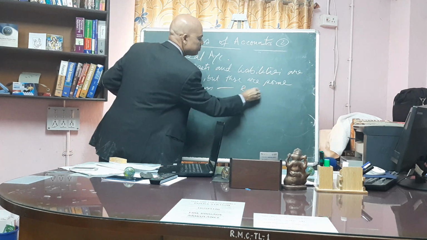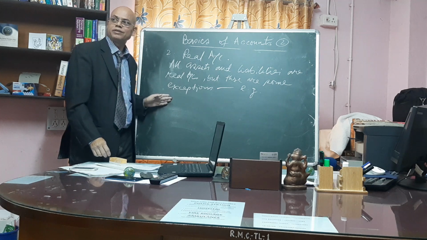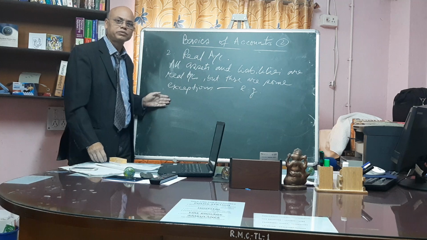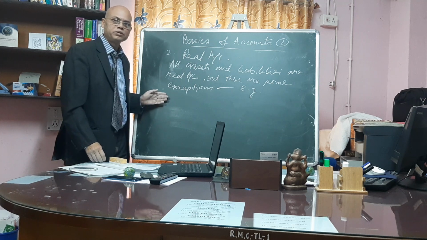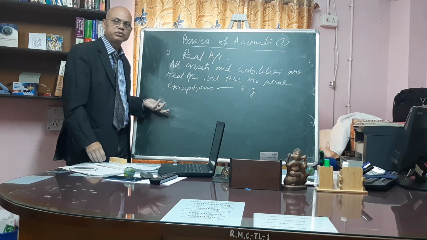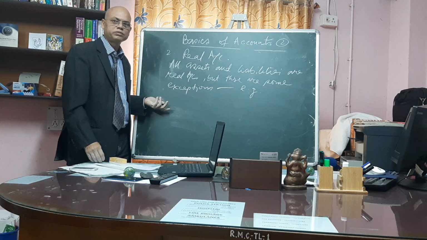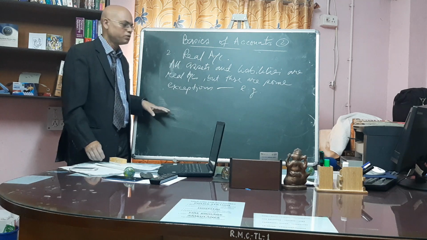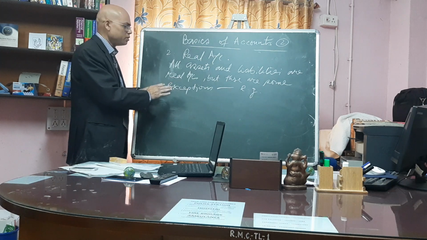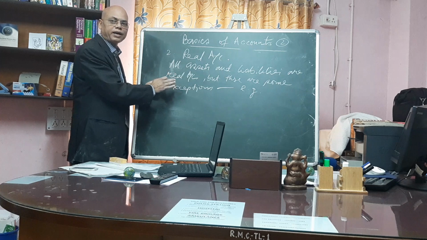For example, capital is a liability, but capital is not a real account, it is a representative personal account. Drawings account, outstanding expenses account, prepaid expenses account, or pre-receipt, all these are representative personal accounts, and more or less the assets and liabilities are coming under the head real account.